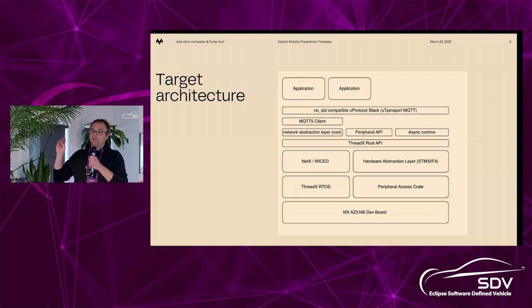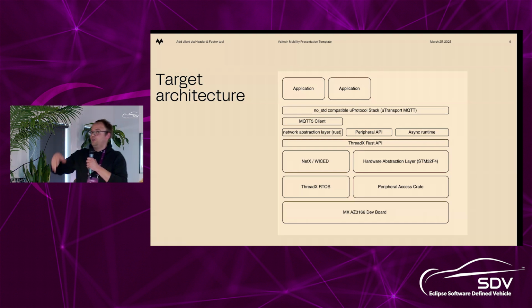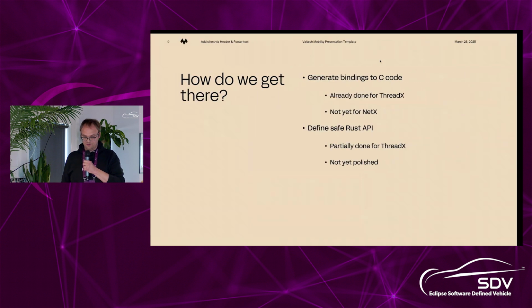It can be ported to a no_std environment, but there is work that needs to be done to actually do it. So I only ported the stuff I needed for this POC. And then when you have all this, you can write applications against the uProtocol layer, publish messages, get the routing, and have all the niceties of uProtocol.